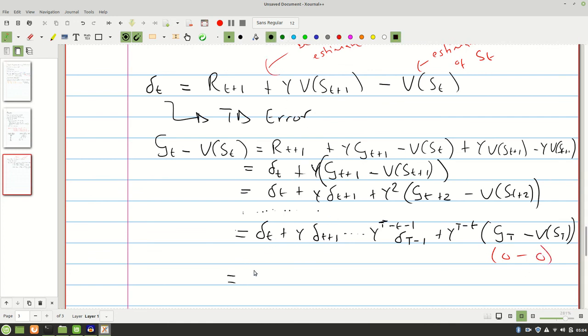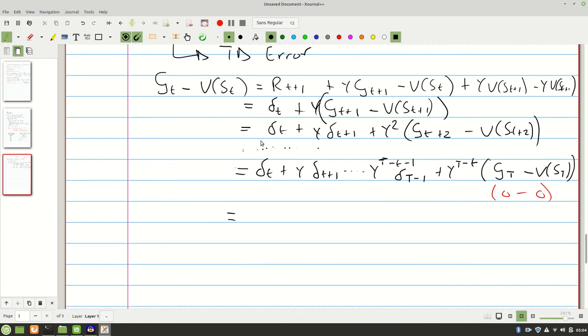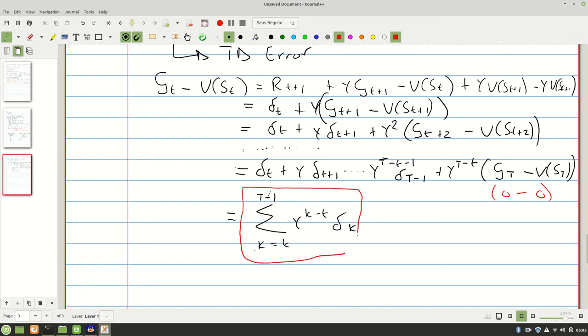And this should give us at the end the summation from k equals t up to capital T minus 1 of gamma to the k minus t delta k. So this is essentially our summation of TD errors that we have here.